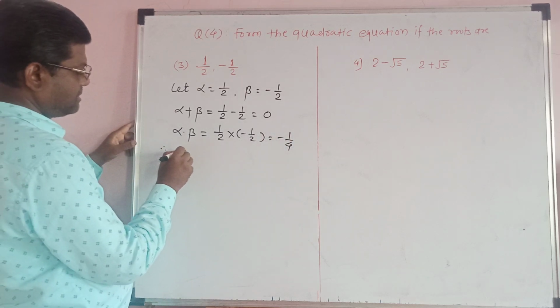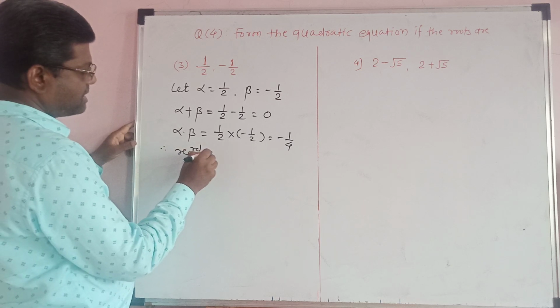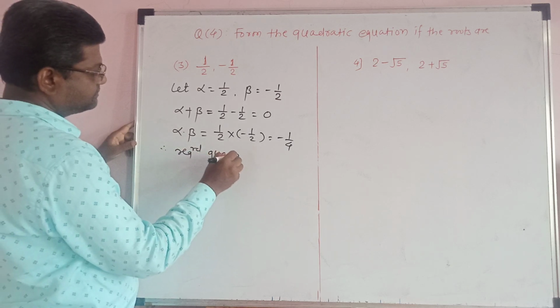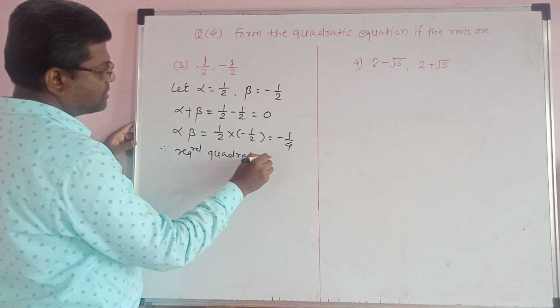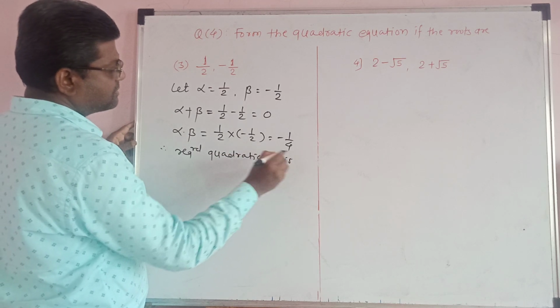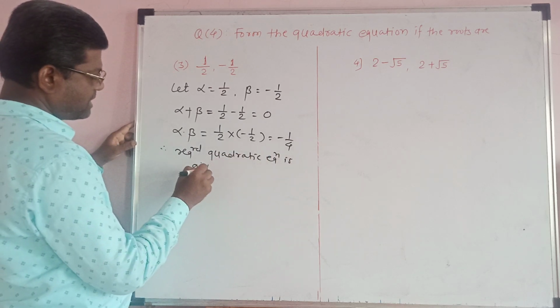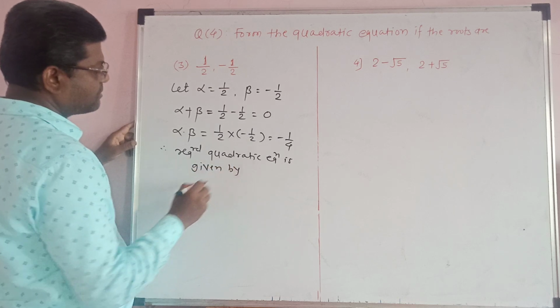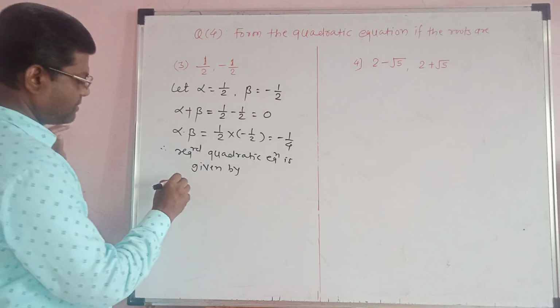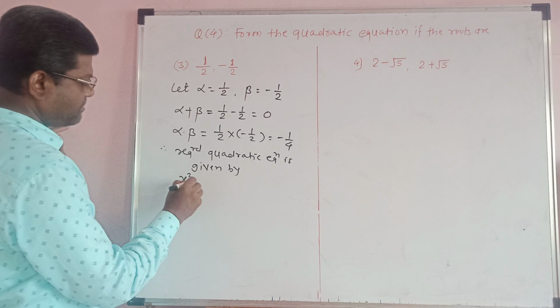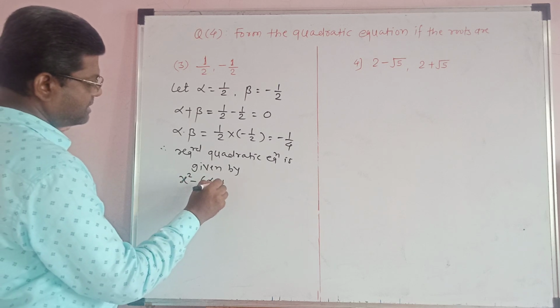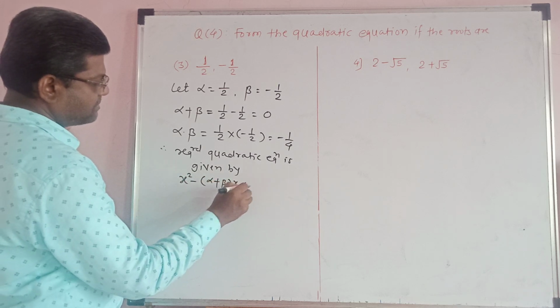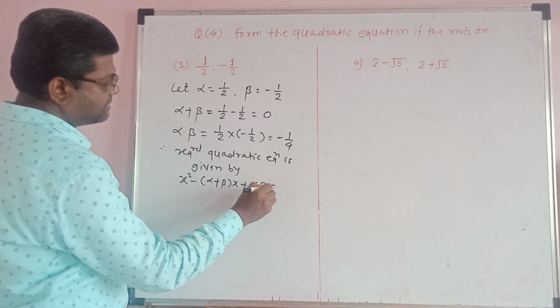Therefore the required quadratic equation is given by, we know the formula for the quadratic equation as x square minus alpha plus beta into x plus alpha into beta is equal to 0.